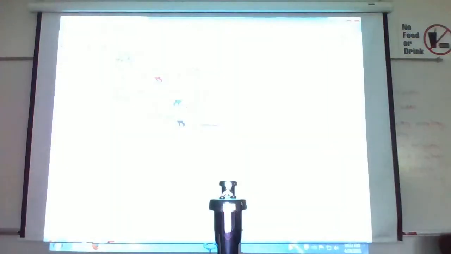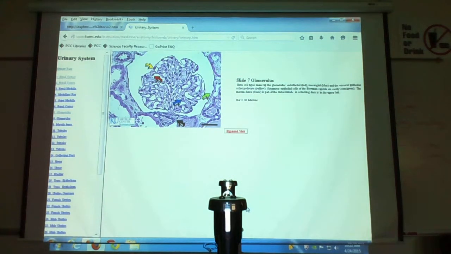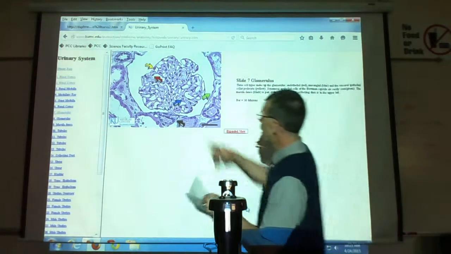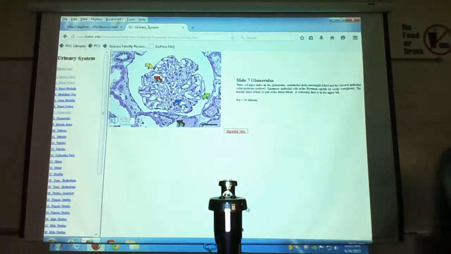Is there a histology section? There is. Basically it's in number 16, nephron structure. It doesn't say histology, but you are required to know this slide. This picture is showing that rose bush. That's the glomerulus.